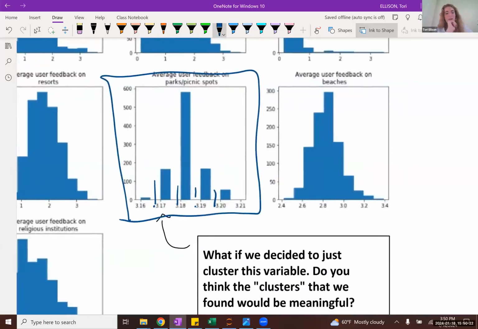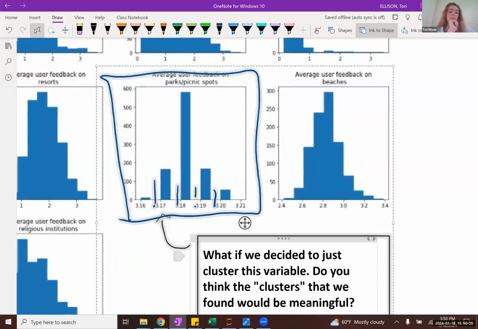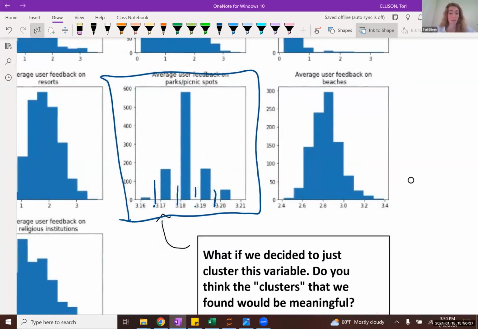Even just thinking about what we see with our eyes, in all likelihood, if we applied a clustering algorithm to just this single variable, we might actually end up getting 5 clusters. So 1, 2, 3, 4, 5. If an algorithm was to cluster this into 5 distinct clusters based on these gaps, why would we think that perhaps these would not be the most meaningful clusters?